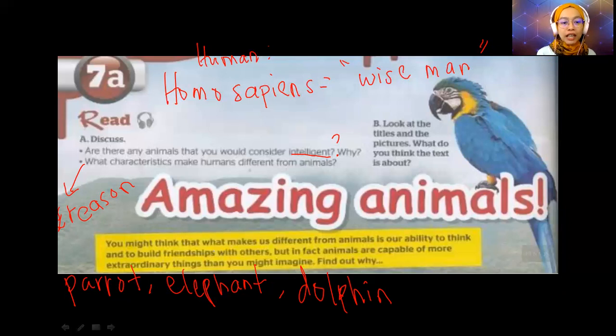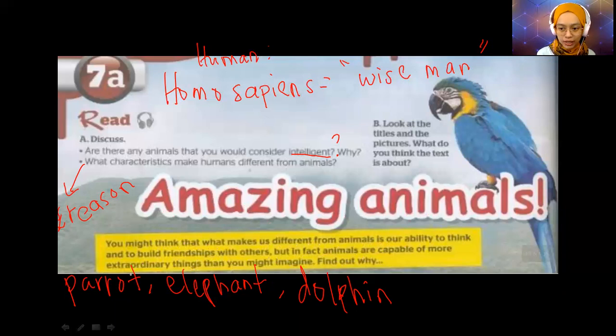Okay, saya continue dengan yellow box ni. You might think that what makes us different from animals is our ability to think and to build friendship with others. But in fact, animals are capable of more extraordinary things than you might imagine. Find out why.